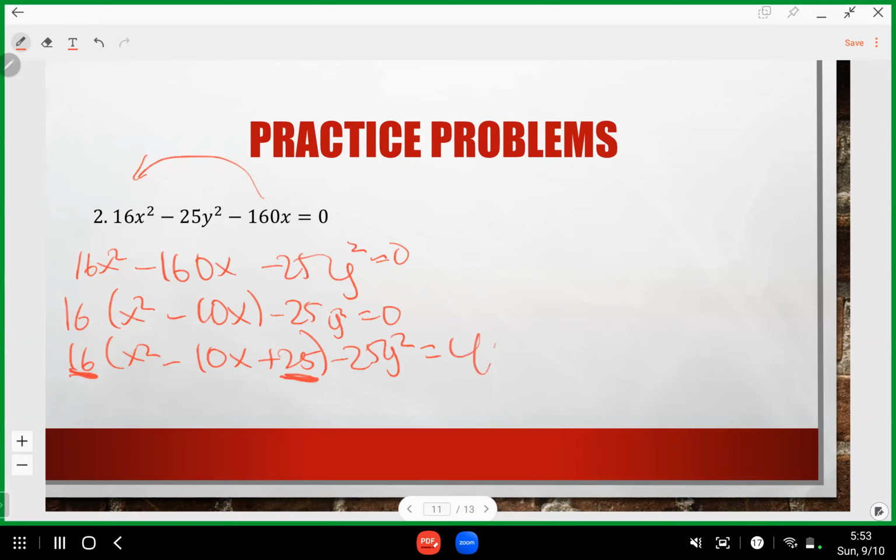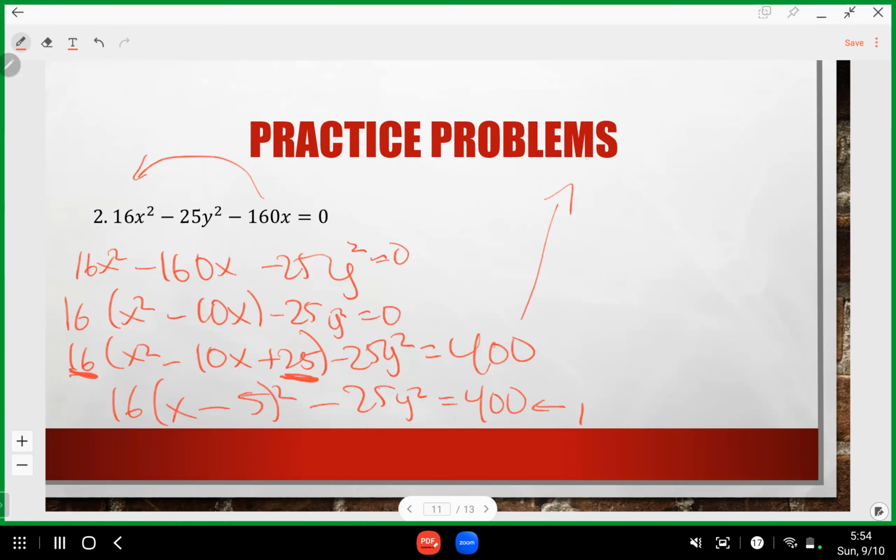So this is 400, right? Yeah, 400. Okay, so then you have 16 times (x minus 5) squared minus 25 y squared. It's equal to 400. And you have to make sure this is equal to 1, right?